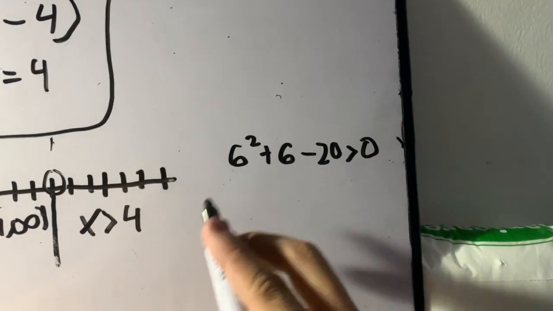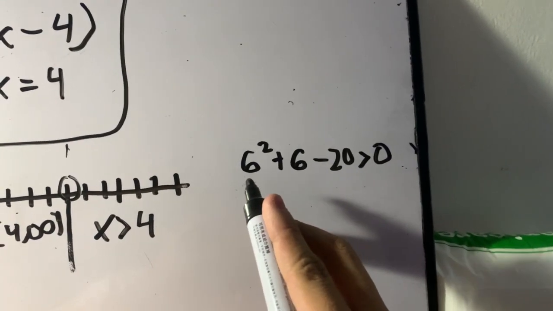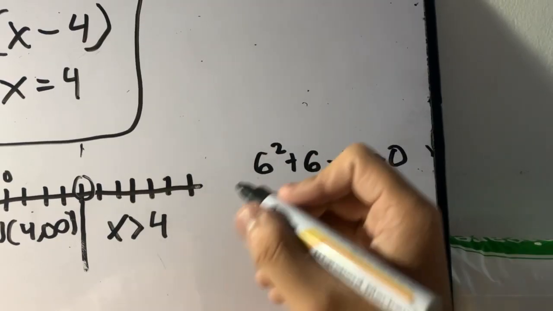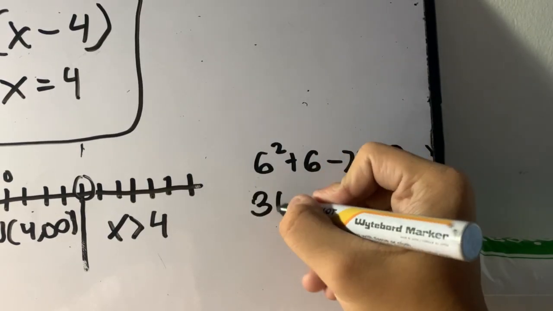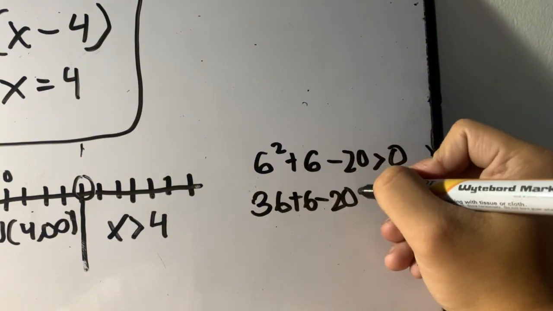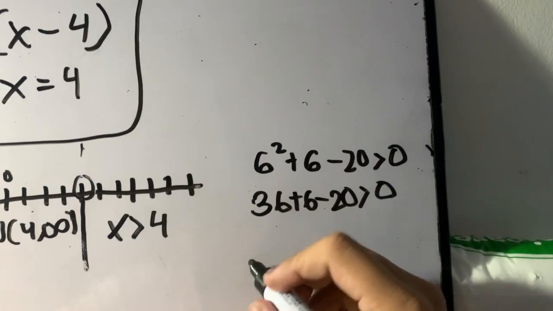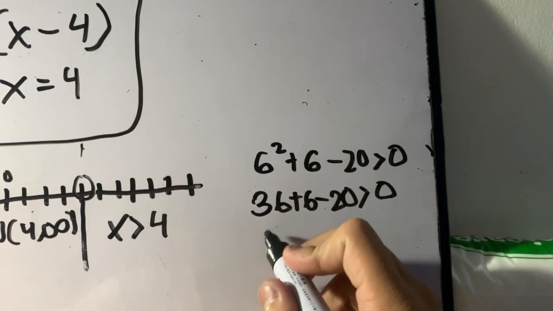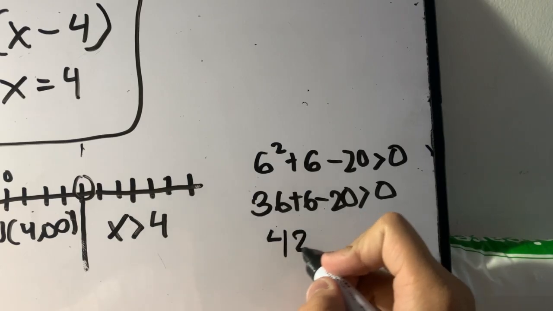Let's see if this is true. 6 times 6, because 6 squared is equal to 36, plus 6 minus 20. So 36 plus 6, 42 minus 20.